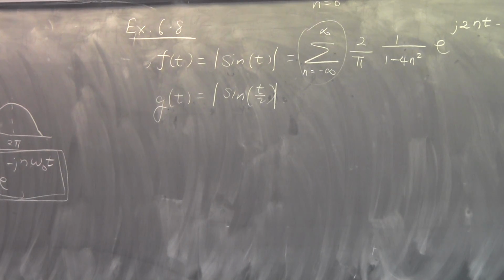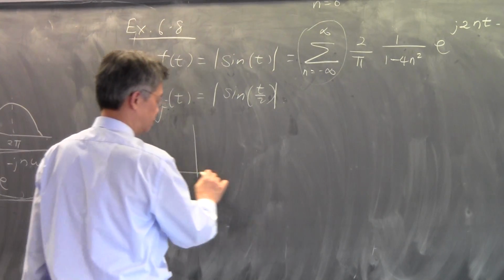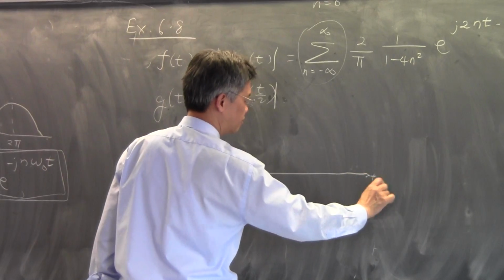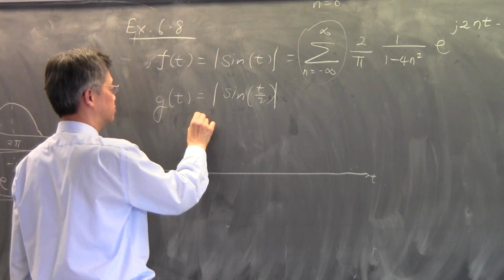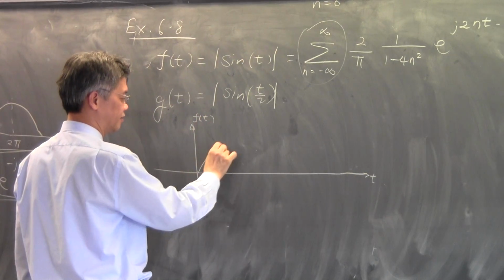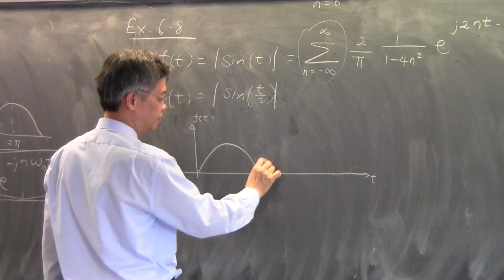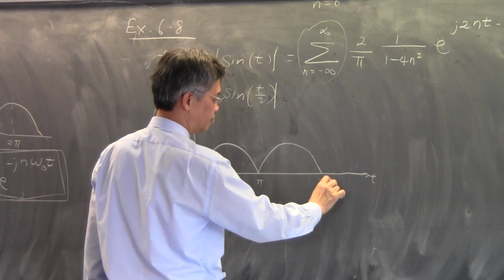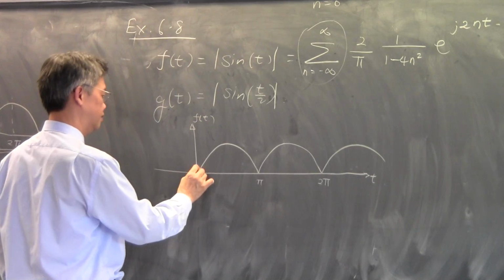So how do I find the Fourier series expansion of the second function? The first function we found to be pi periodic. F of t was something like this: pi, 2 pi, 3 pi, and so on.